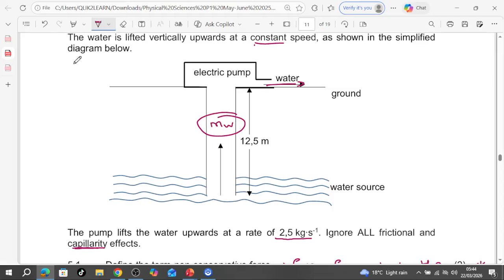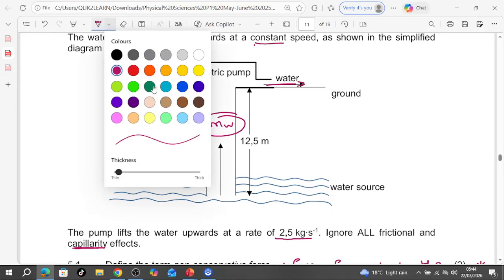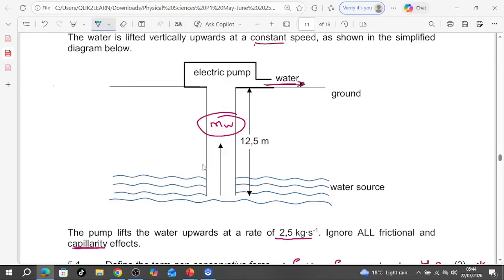If the mass is moving, you need to ask yourself, how did the water move from this point to that point? There is a force that is applied, and that force is the force of the pump. So let's call this F pump. Since the water has mass, it is going to have weight acting down. So this will be my Fg.